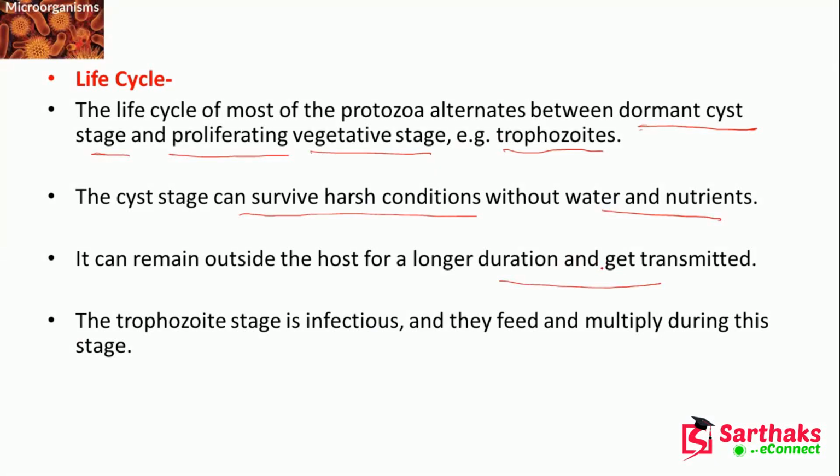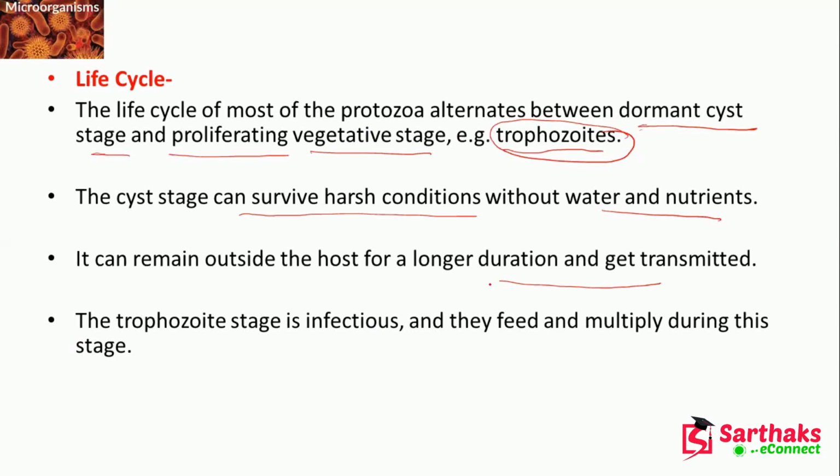The trophozoite stage is infectious, and they feed and multiply during this stage. This is a very dangerous and infectious stage. Here they take food and multiply themselves. Many protozoa are there, and due to this stage we are suffering very much.